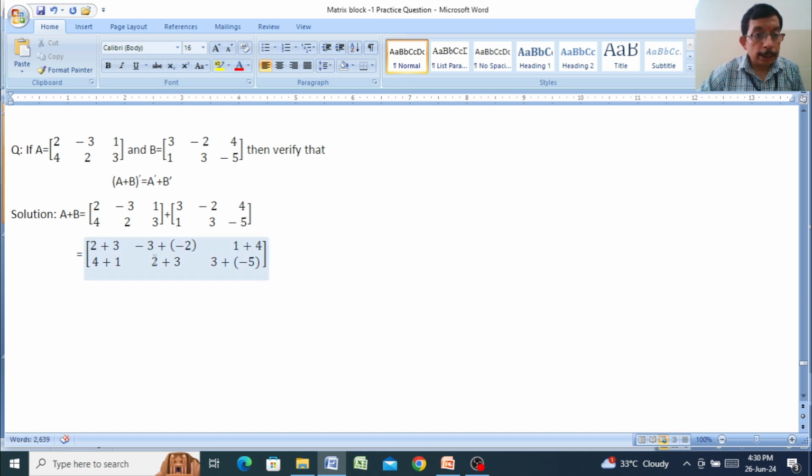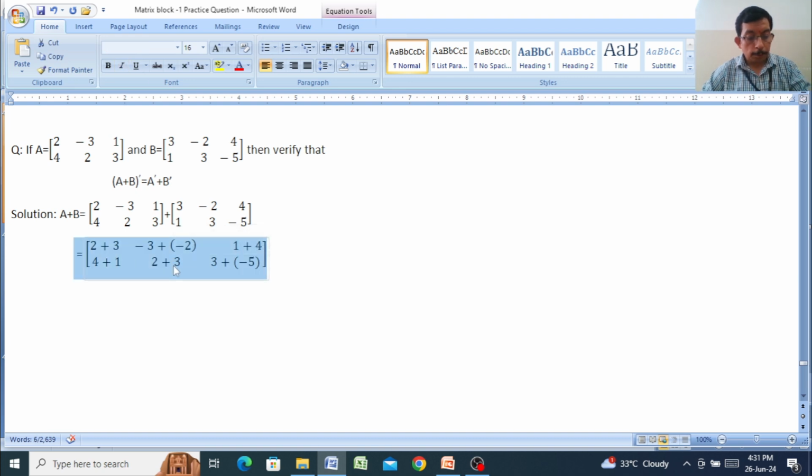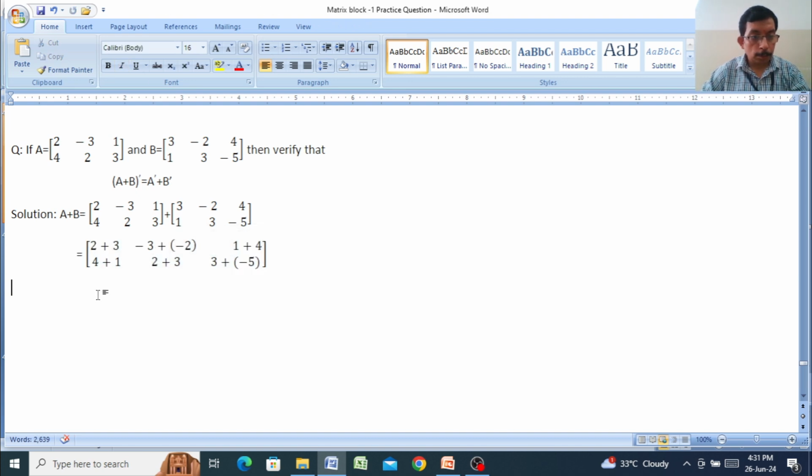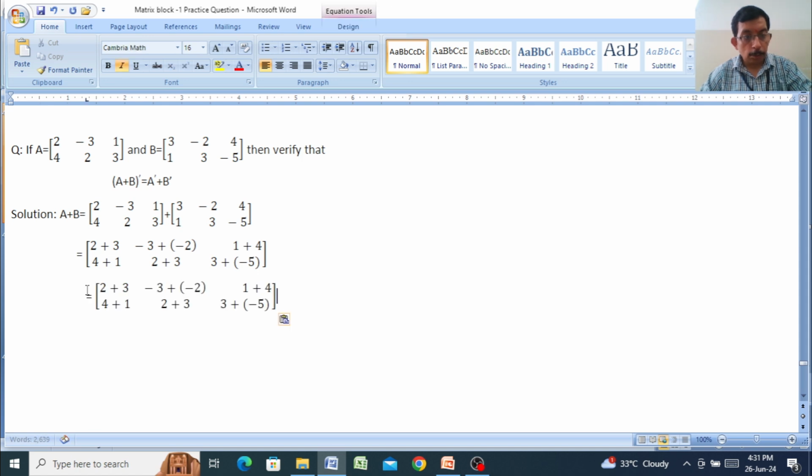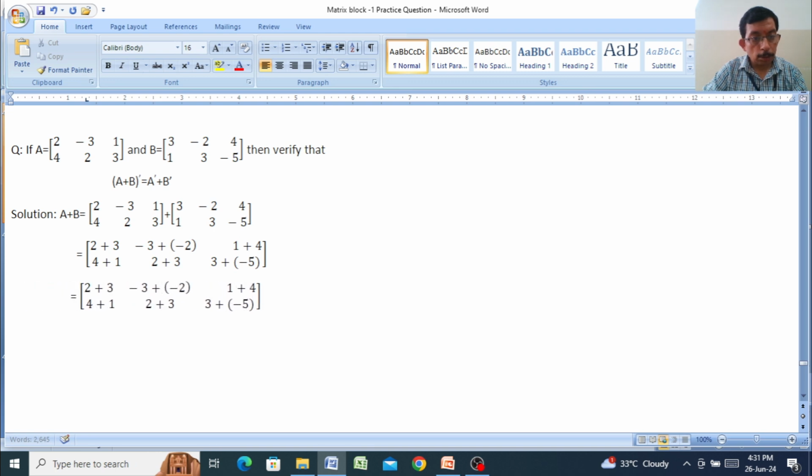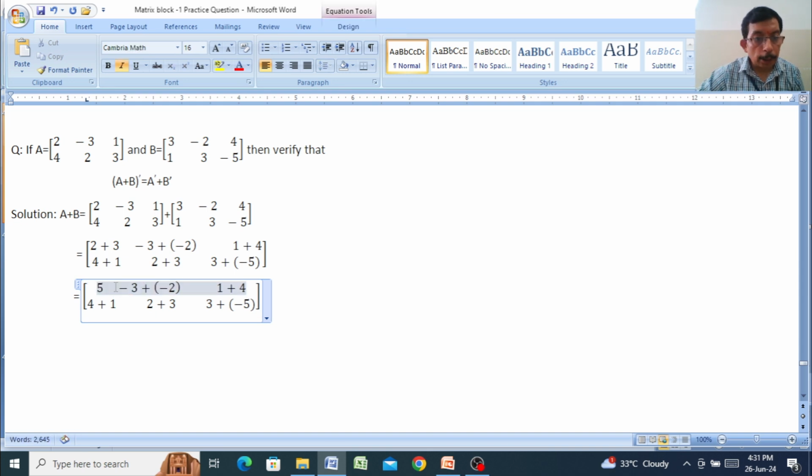Now we add each element in the next step. 2 plus 3 is 5. Note down 5 in the similar place. Minus 3 minus 2 is minus 5. Note down minus 5 in the similar place. 1 plus 4 is 5. Note down 5 in the similar place. 4 plus 1 is 5.